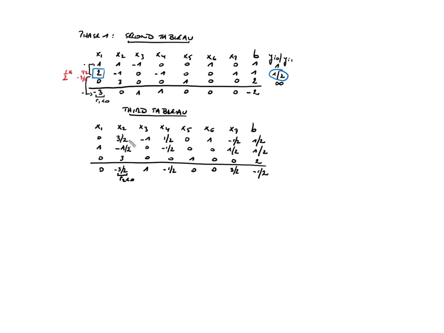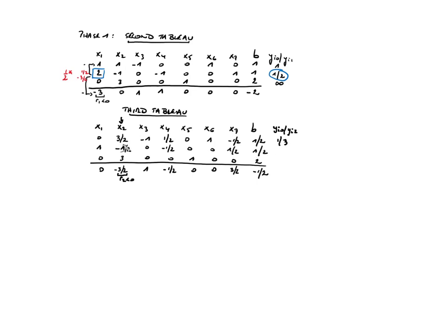You can see that x2 will enter the base. And we have to find out which variable has to leave the base. So we have to compute the column yi0 divided by yi2. This is to compute this epsilon of step 2 of the simplex method. So it's this element divided by this one, that's a third.